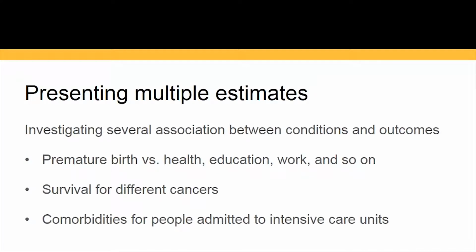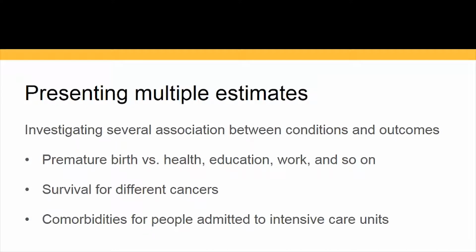Okay, so finally, we'll talk a little bit about how to present and interpret multiple estimates. This is important in register epidemiology because we often have so many variables to choose among in our analysis. We may have several exposures or several outcomes or both.